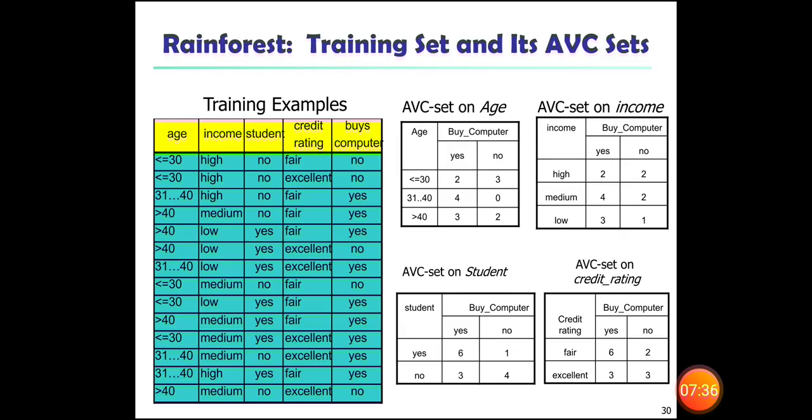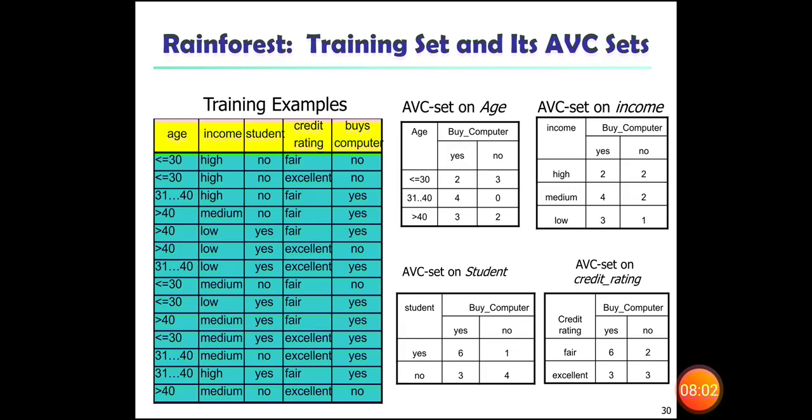The income is categorized in three ways: one is high, then medium, then low. So three different incomes are there. Another label is student. There we have two categories, one is yes, another one is no. If he is a student, what is the status? If he is not a student, what is the status? Then credit rating.